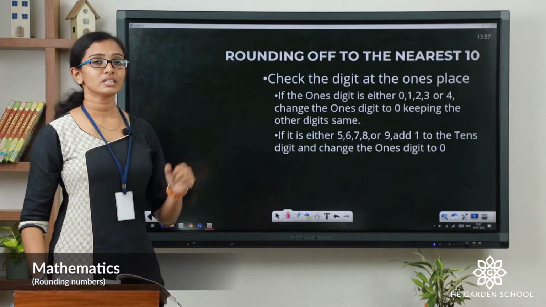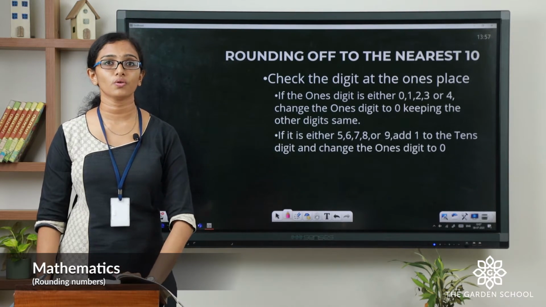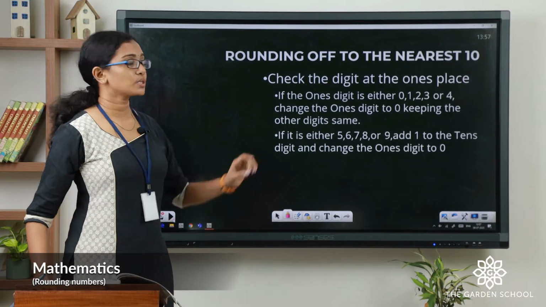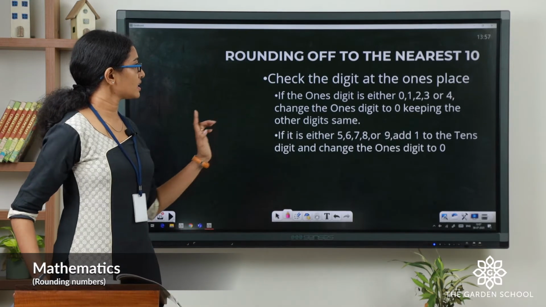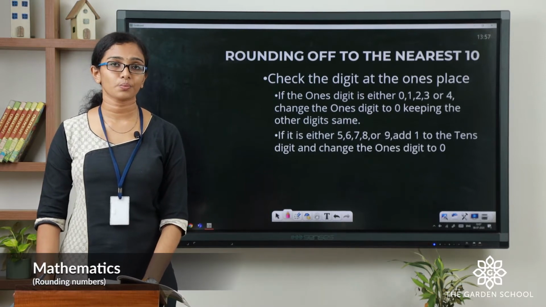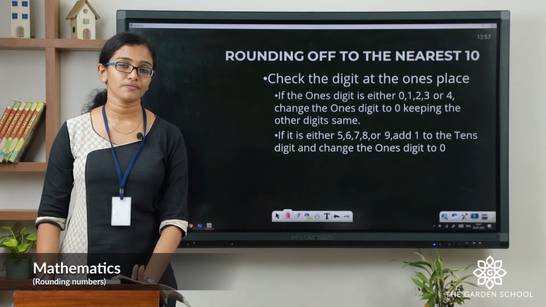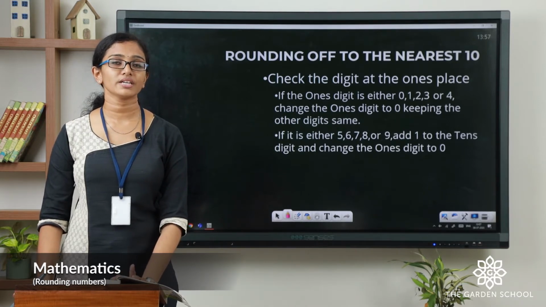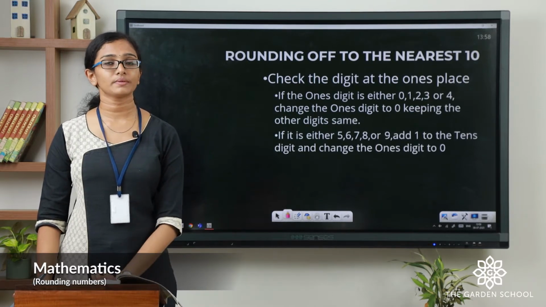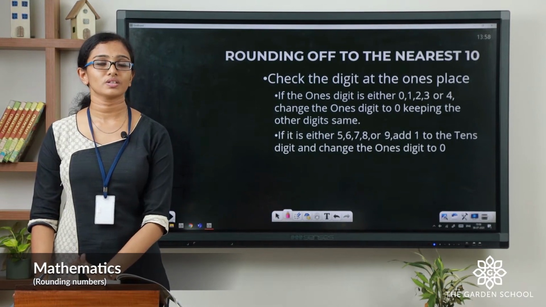So, if the digit in the ones place is either 0, 1, 2, 3 or 4, that is if it is less than 5, you have to change the ones digit to 0, keeping the other digits same. If the digit in the ones place is 5 or more than 5, that is if it is either 5, 6, 7, 8 or 9, you have to add 1 to the tens digit and keep the other digits same. Also, change the digit in the ones place to 0. So, let's see that with an example.